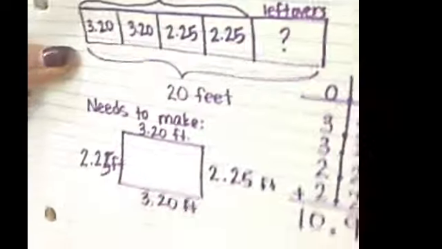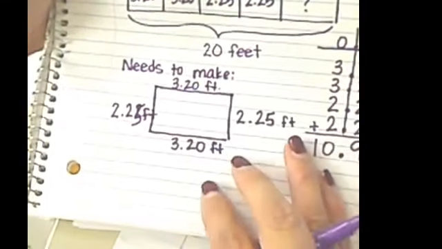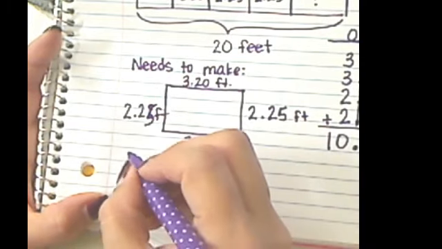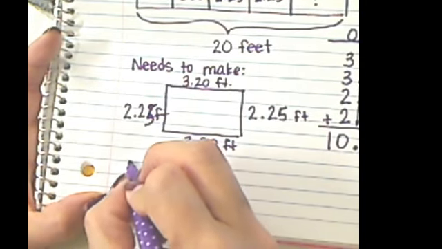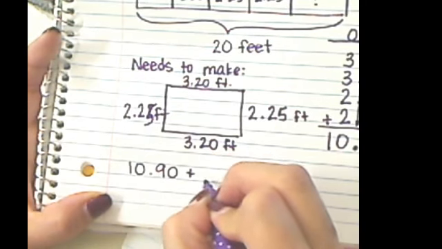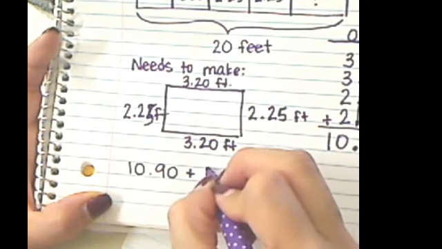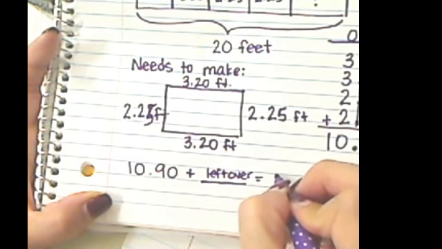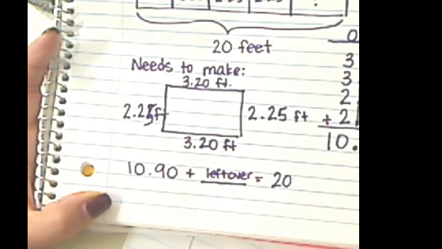So, whoops. I know that I can take 10 and 90 hundredths, add that leftover chunk, and that's going to give me 20 feet.